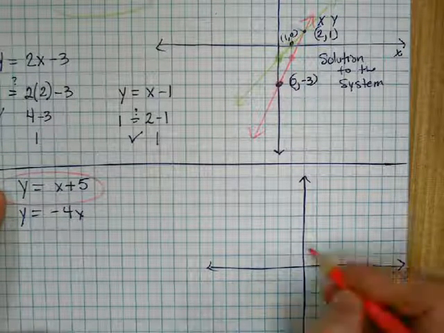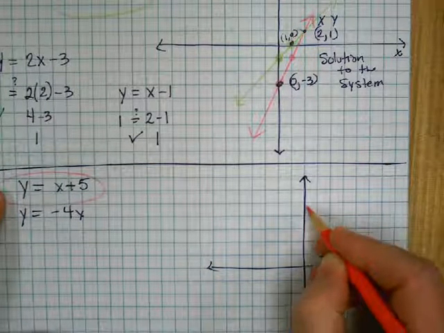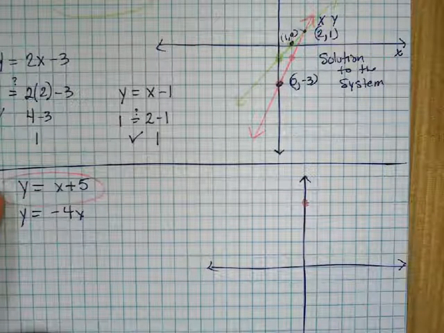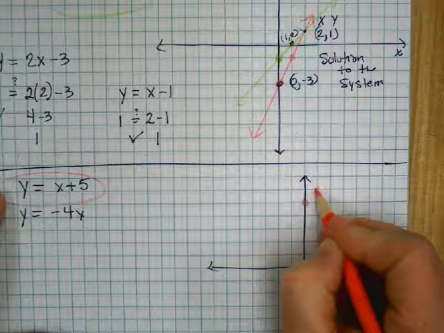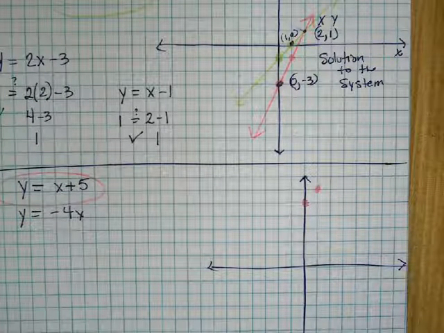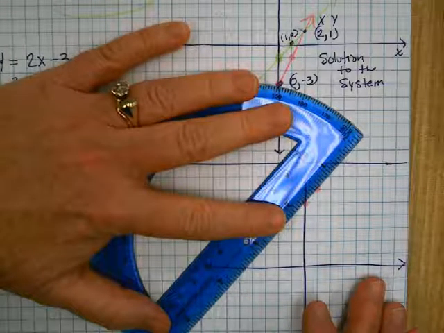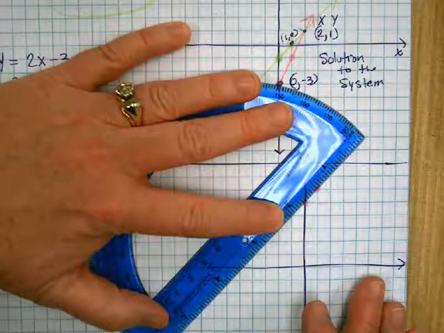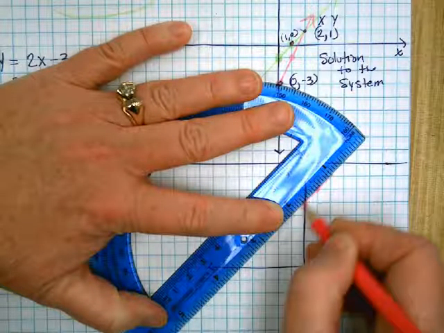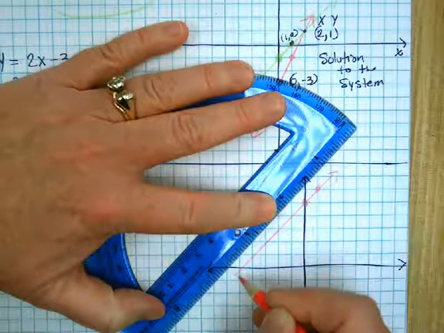At 5. And my slope is 1 over 1, so I go up 1 over 1. There's my pink line.